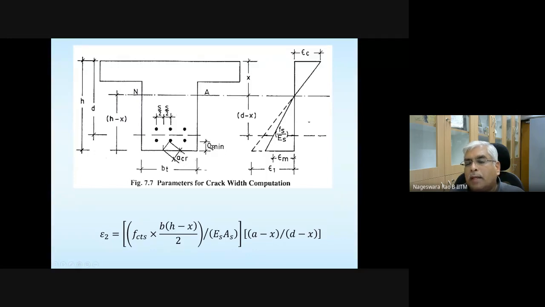So if C minimum is the cover thickness and the spacing between the rebars is S, then you can easily find ACR. Complete this triangle, and this distance is S divided by 2, and this is C minimum, so this side is going to be the square root of (S divided by 2) whole square plus C minimum square.